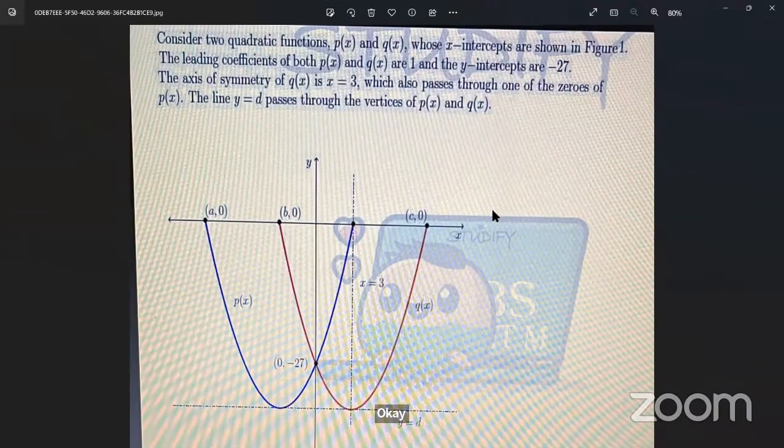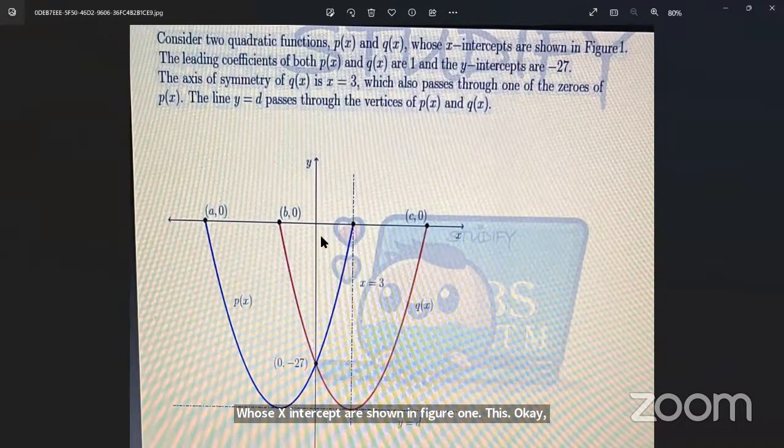The question says: consider two quadratic functions px and qx whose x-intercepts are shown in figure 1. At E0, C0, B0 and A0, px and qx are intersecting.